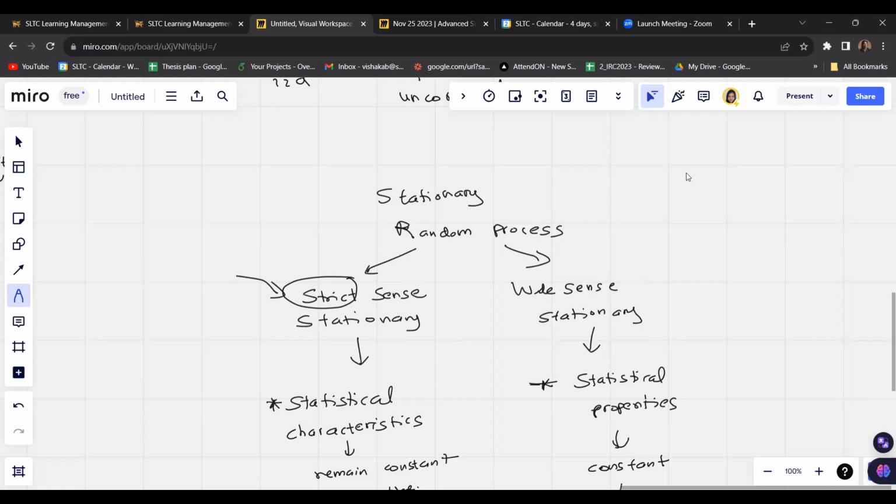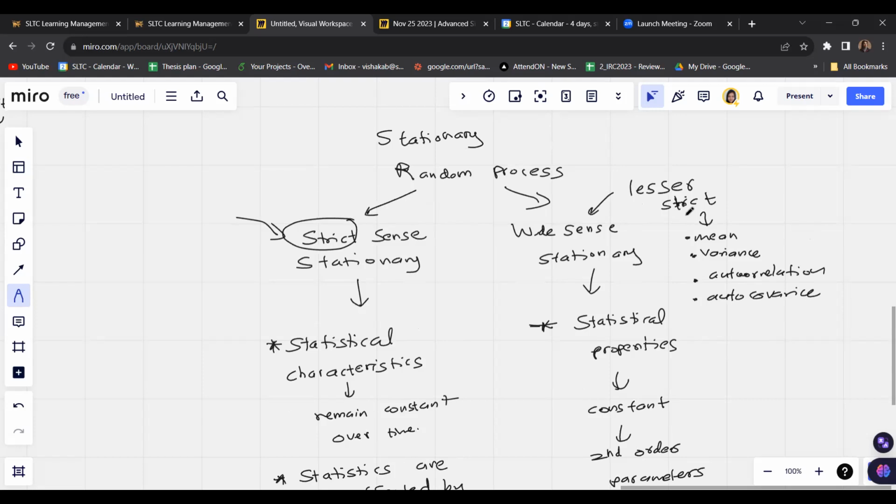Wide sense stationary is a less strict definition, valid only for statistical properties up to the second order: the mean value, variance, autocorrelation, and autocovariance are constant over time.